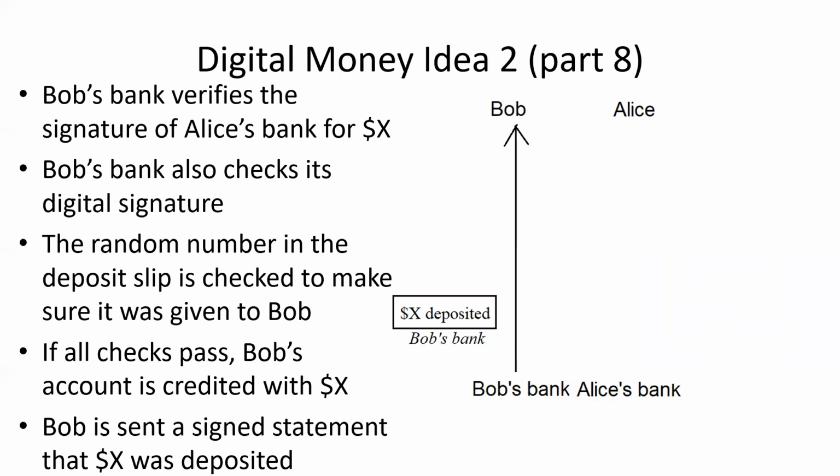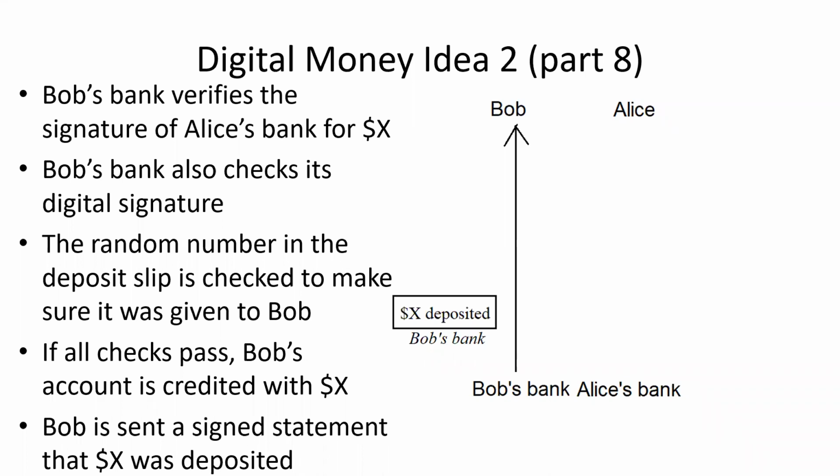He has a random number that was there. Checks it: is this the random number? Has this not been spent before? And if everything's true, if all the digital signatures are correct and the nonce is correct, then he puts X dollars into Bob's account and sends back a receipt to Bob, telling Bob that you have now deposited that money. The transaction has gone correctly.